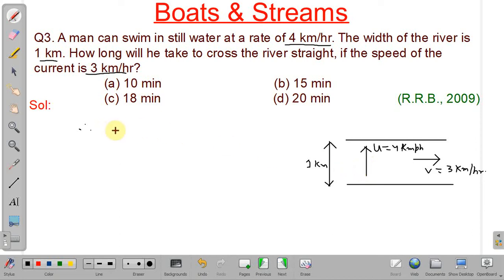Okay. So the time taken, the required time, is equal to the total distance, that is 1 kilometer, or the river width we can write, divided by the speed of swimming.